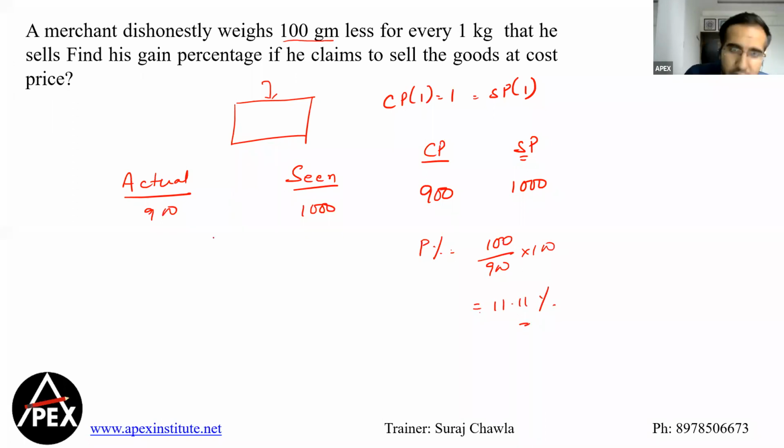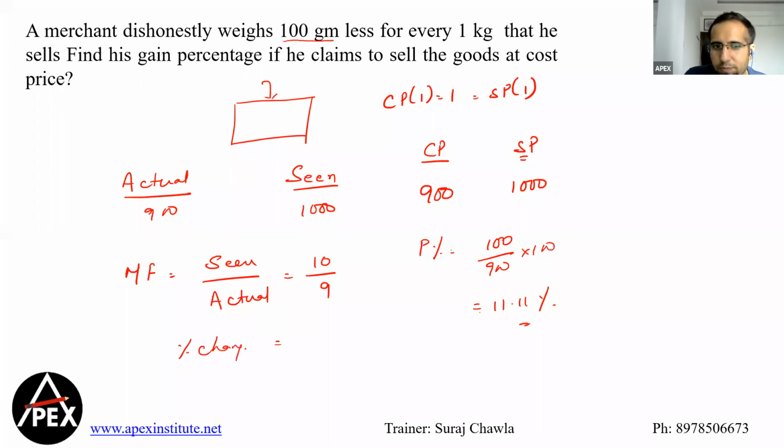The shortcut for this question is the multiplying factor: the final multiplying factor will be equal to seen by actual, which means 10 by 9 is the multiplying factor. If 10 by 9 is the multiplying factor, what is the percentage change? 10 minus 9 by 9 into 100. Clear, guys?